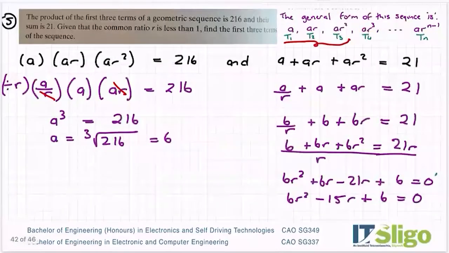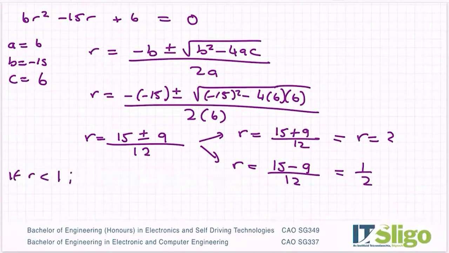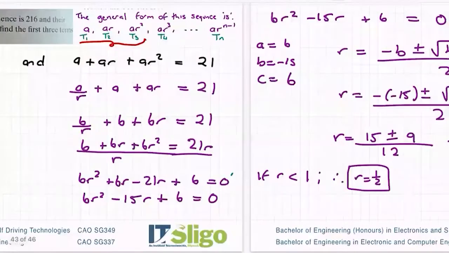So I have to come back to my question again to see if I've got more information over what the common ratio should be. And it says here, given that the common ratio is less than 1. Okay, so therefore, if r is less than 1, then r equal to a half is my answer for this particular question.